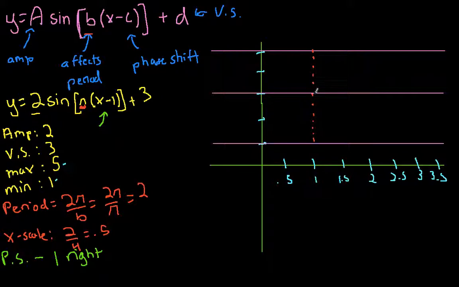Since it's sine, it starts in the middle, so it would be right here. Sine goes up to here, then to here, down to here, up to here, up to here. Again, just that alternating cycle, and you can do it the other way as well. It just keeps doing that pattern. You then connect the lines as we did before, as vertical as possible through the bottom and as horizontal as possible through the top.